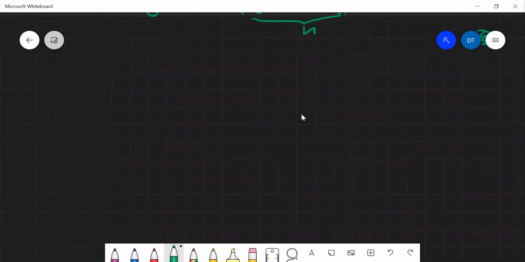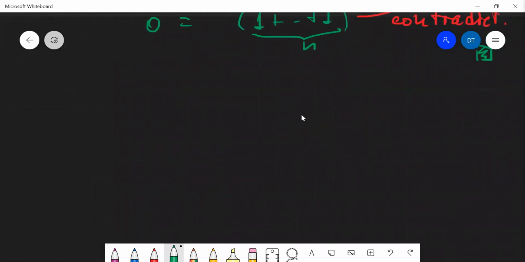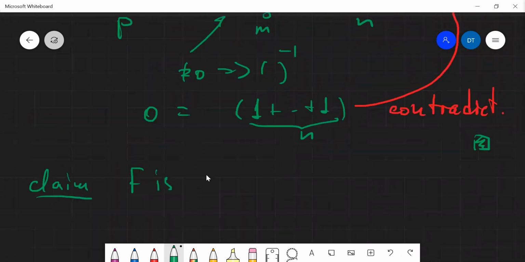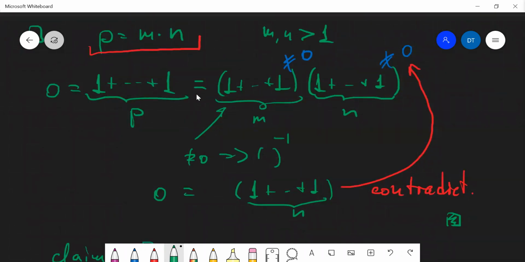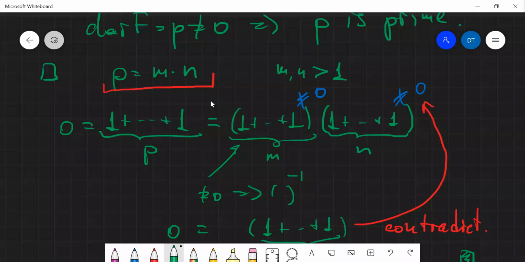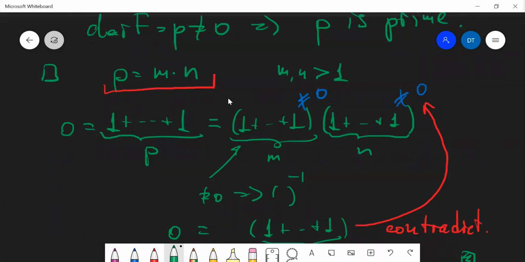Now I want to discuss another thing. I want to touch a little bit on the structure of a field with a prime characteristic. Wait a second, I have a question about the previous part. So we have m and n, and we say that m times n is not equal to 0.